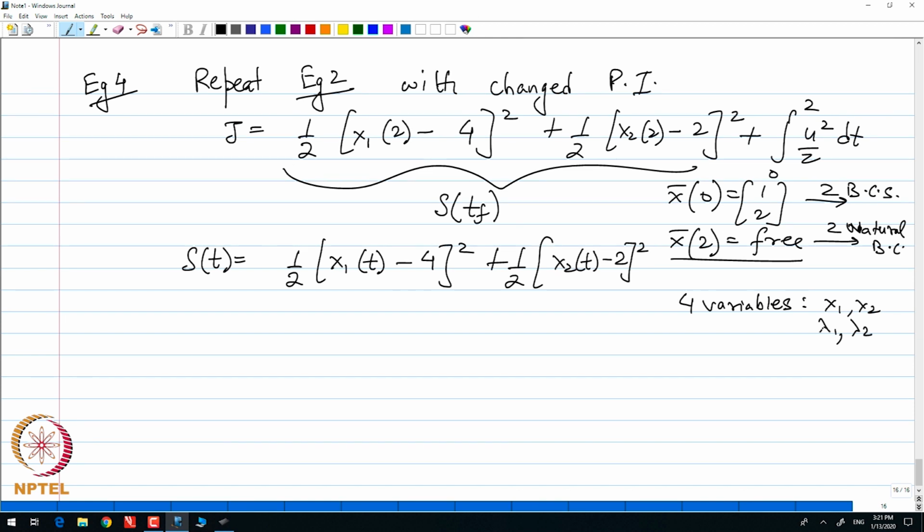My final time point 2 is known, and so that should fully determine our system, and this is a system where we have fixed time, but free state, and that is our case C of simplified boundary conditions.